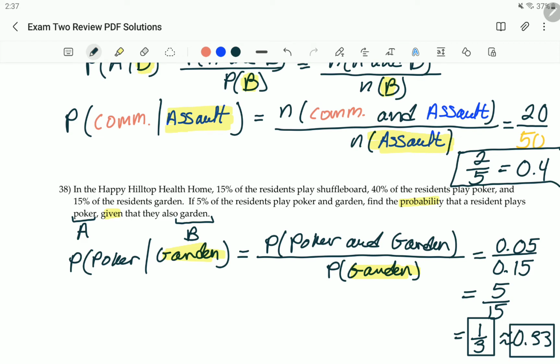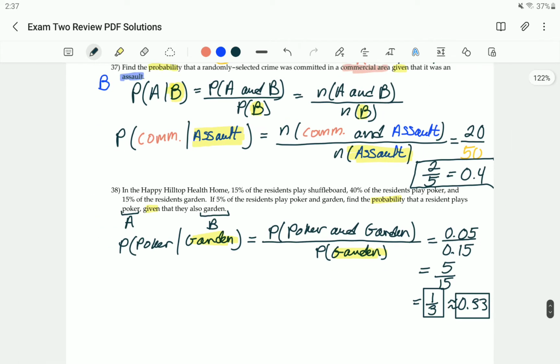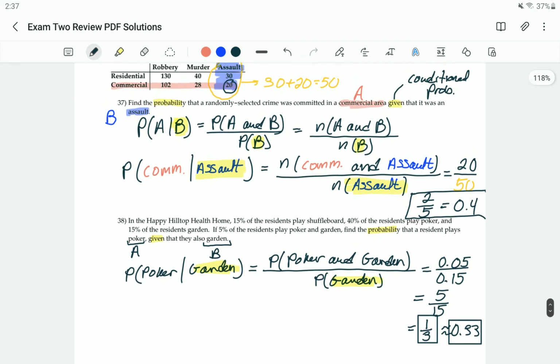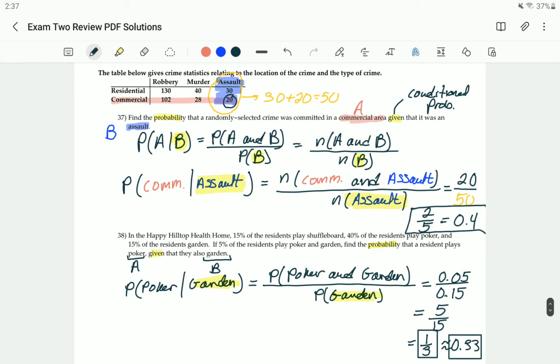And that is it to number 38. All right, guys. Hope that made sense. Once again, when you see the word given in a question, that means to use conditional probability.